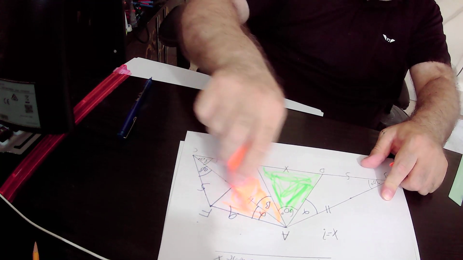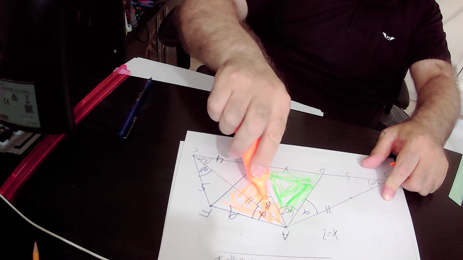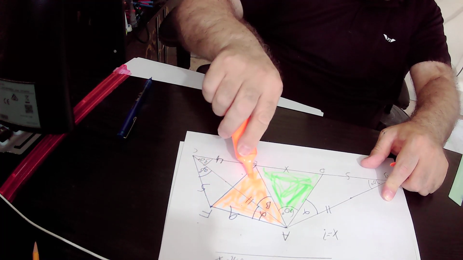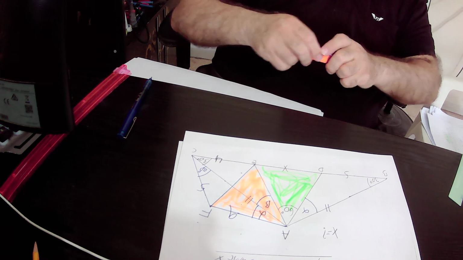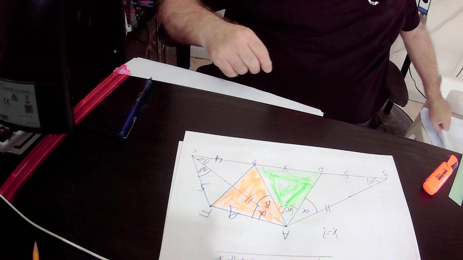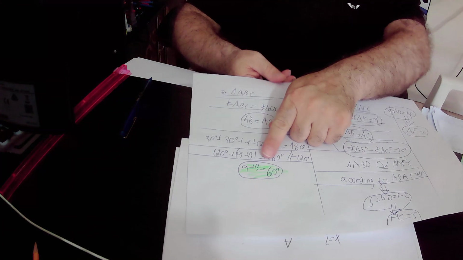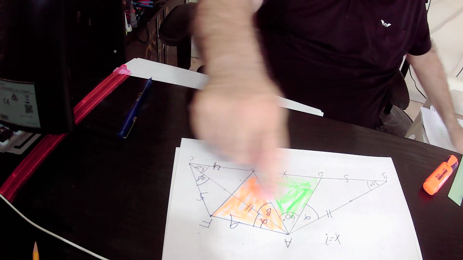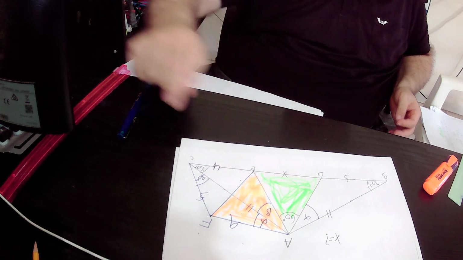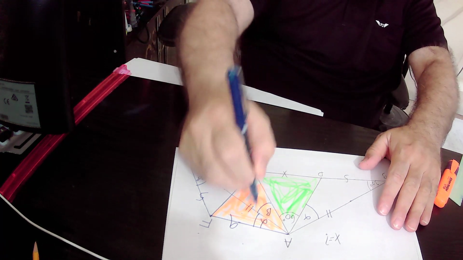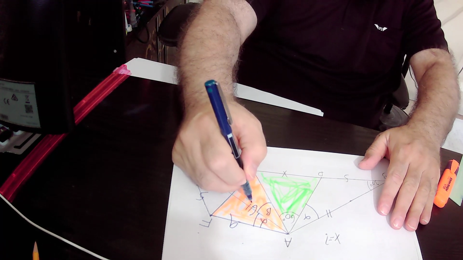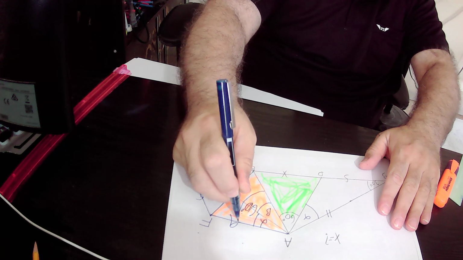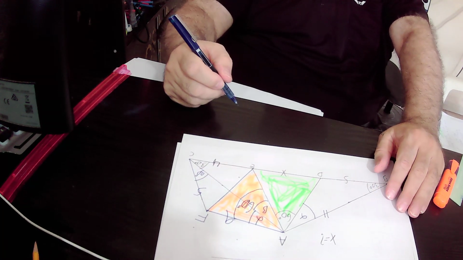Okay. I've already mentioned that we have found out that alpha plus beta equals 60 degrees, therefore this angle FAE, which equals alpha plus beta, is equal to 60 degrees.